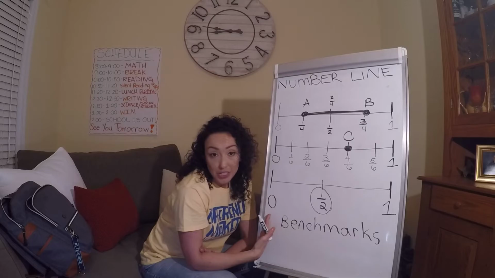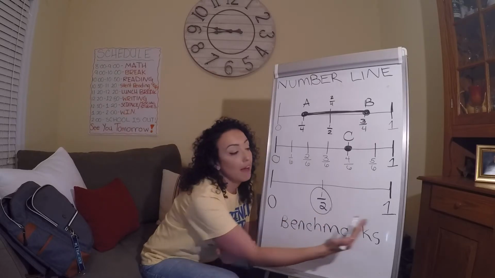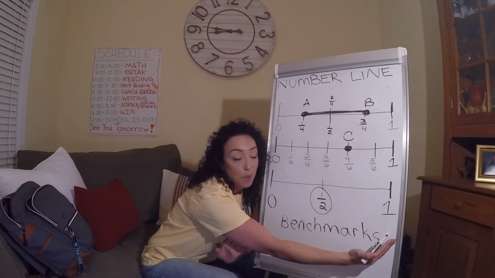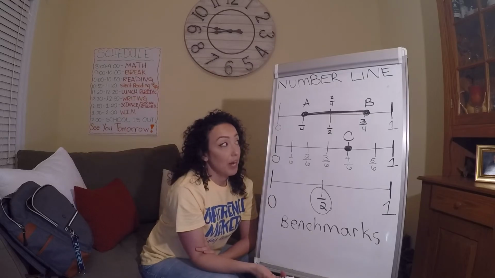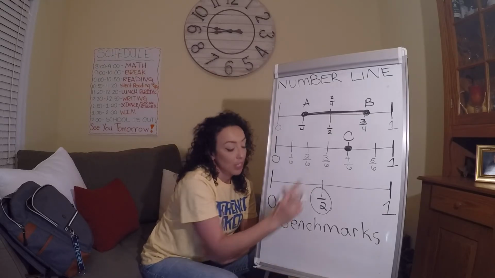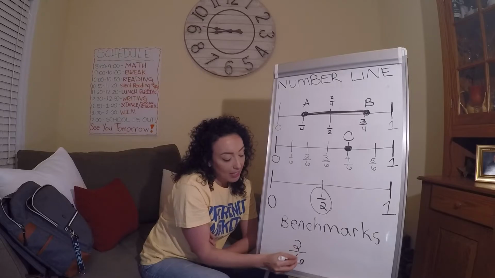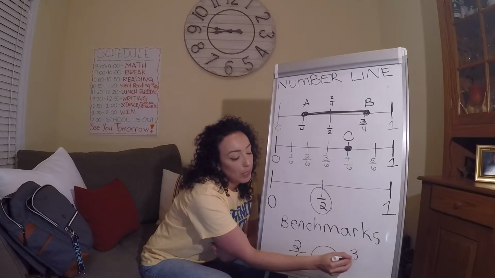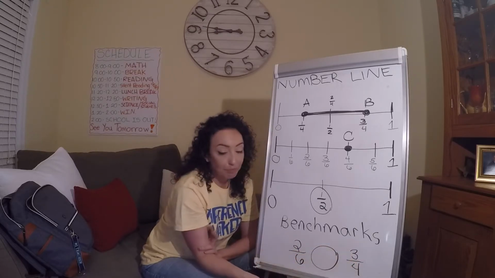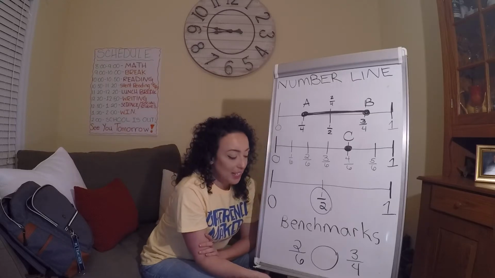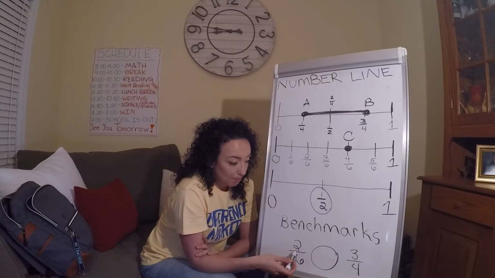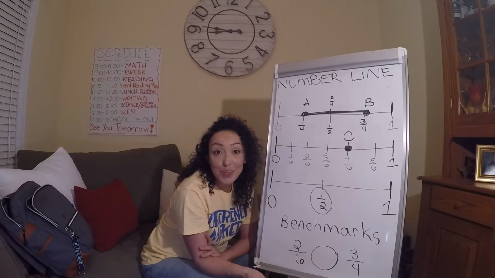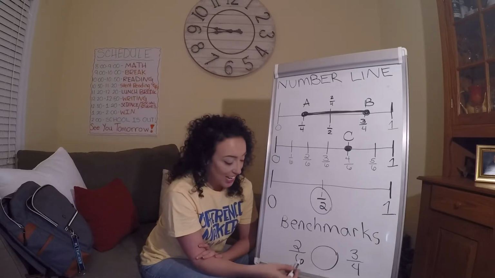Then also try to identify where fractions would fall on a number line. Maybe closer to 0, closer to a half, or closer to 1. If you were to compare fractions like 2/6 and 3/4, I would want my kids to look at it first and say, okay, the numerators and the denominators are different here.